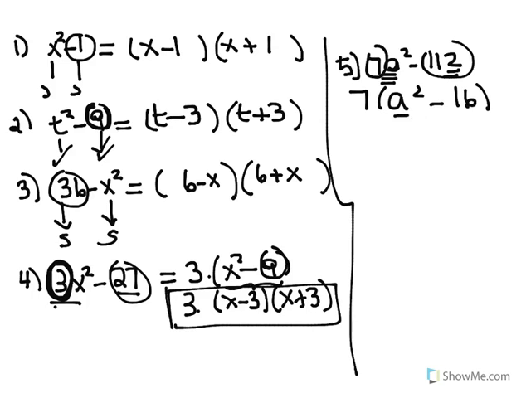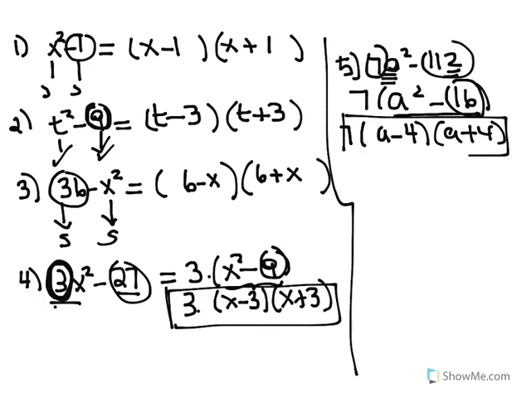So I now have a difference of squares. Remember, 16 is a square, because the square root of 16 is 4, which is a whole number. So it's going to be a minus 4, a plus 4. Okay? And now I have my complete factorization.